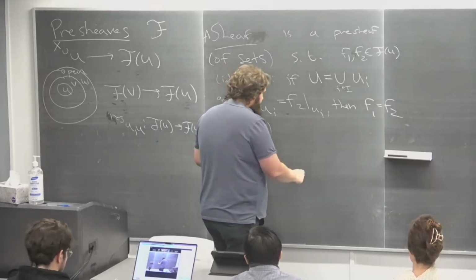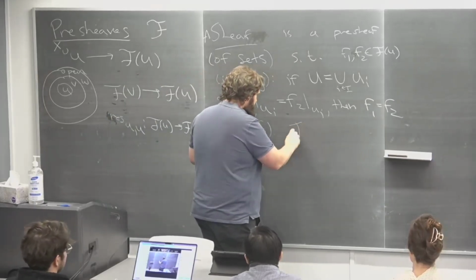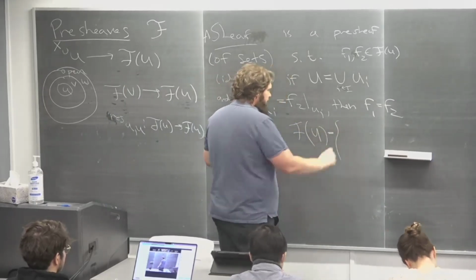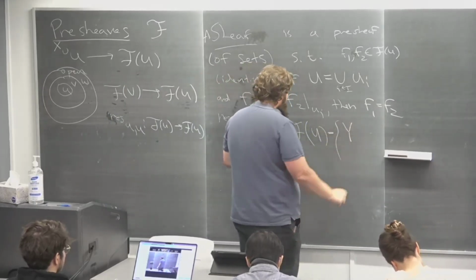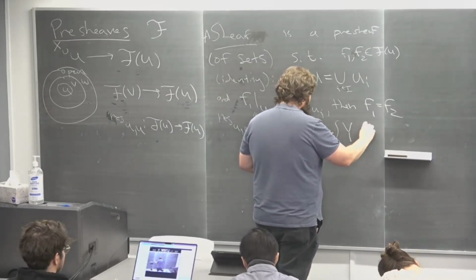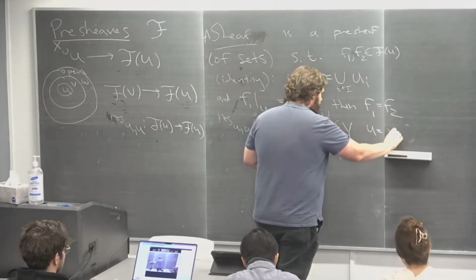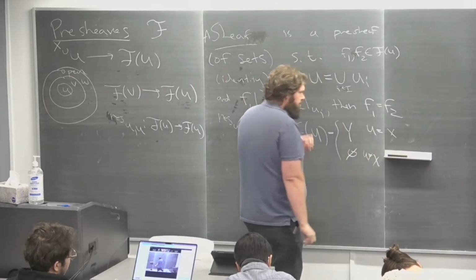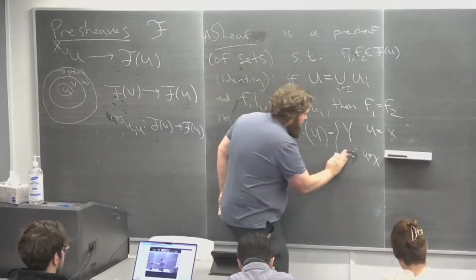So, I mean, this sort of sounds like, well, come on, wouldn't you always have that property? But on X, there's a perfectly good pre-sheaf, F, which I define to be any set I want, Y, when my U is the whole space, and the empty set otherwise. Let me do a one-element set.